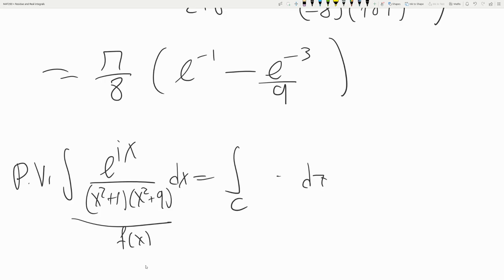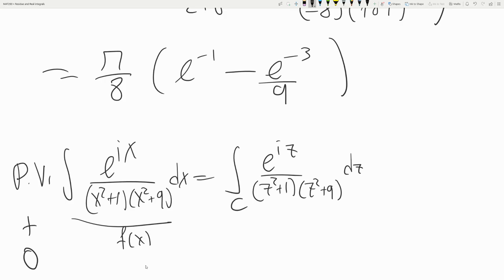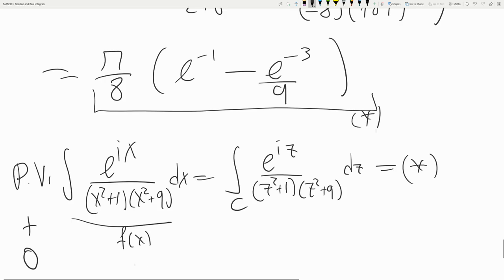Let me write it for you so you see everything together. This is e to the iz over z squared plus 1, z squared plus 9. Let me add the 0 as well. Remember, we killed it by Jordan's lemma. And this is equal to this guy over here. Call it star.